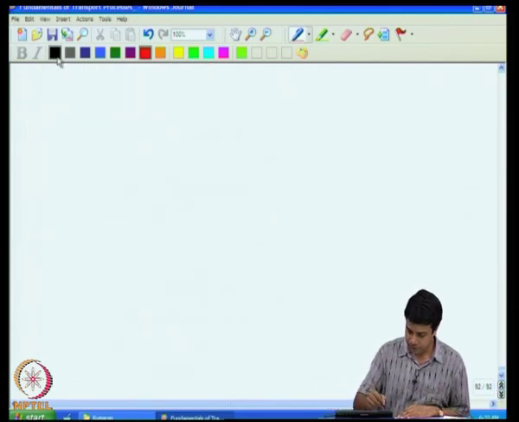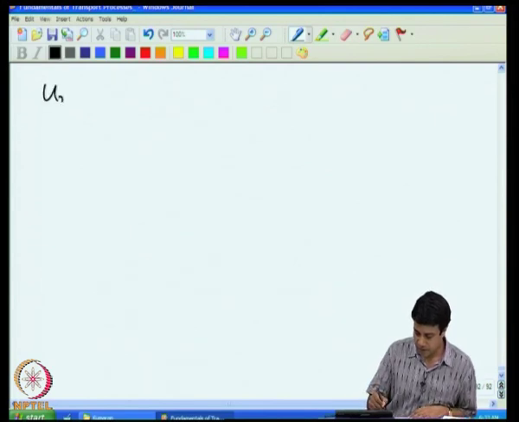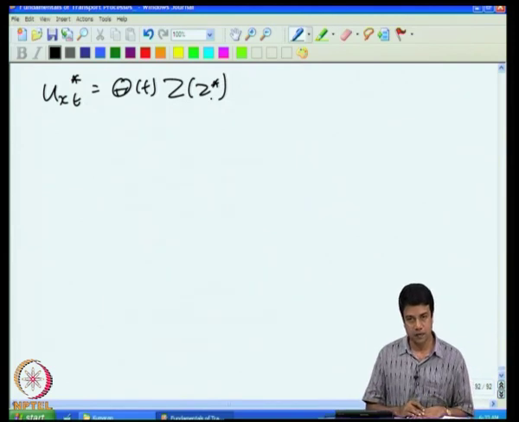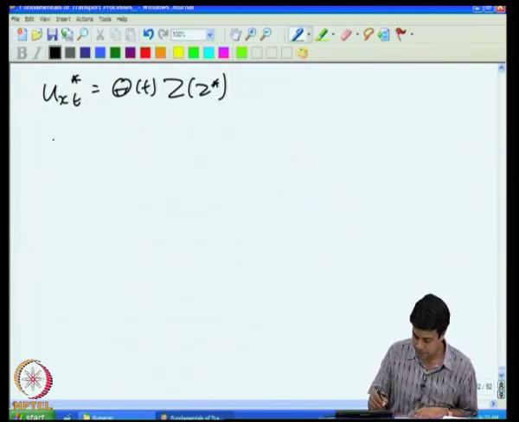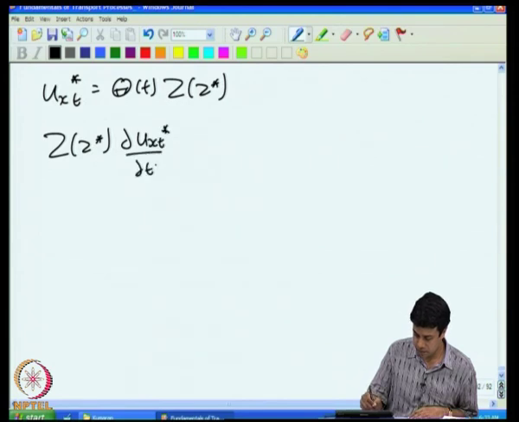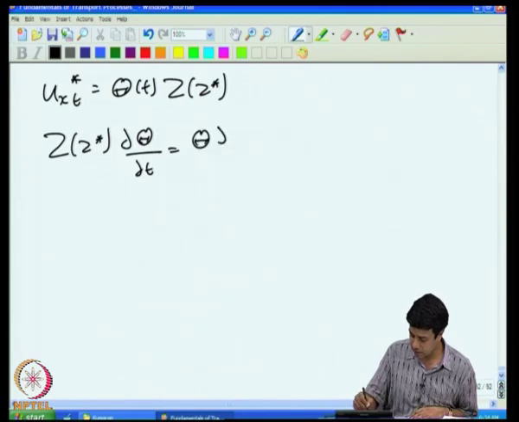If I substitute ux transient is equal to theta of t times z of z star into the differential equation, then I get partial theta by partial t times z is equal to theta times d square z by dz star square.